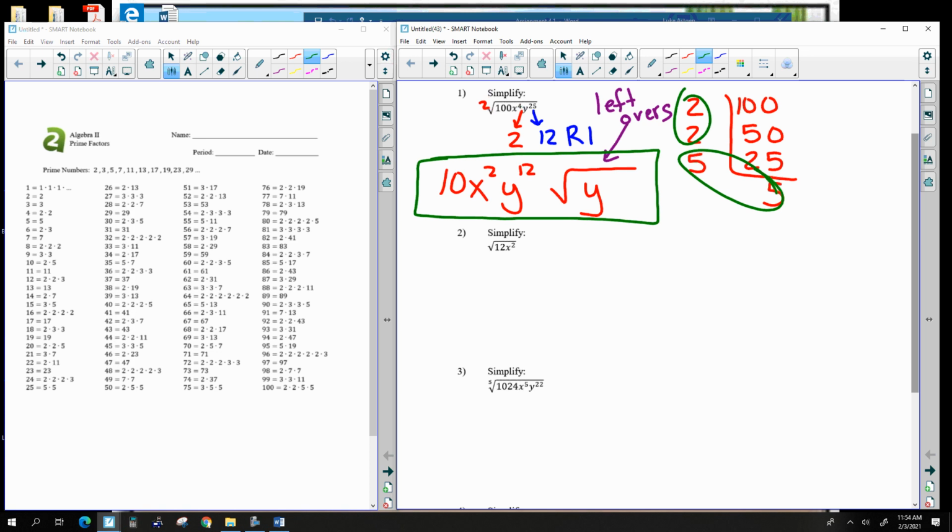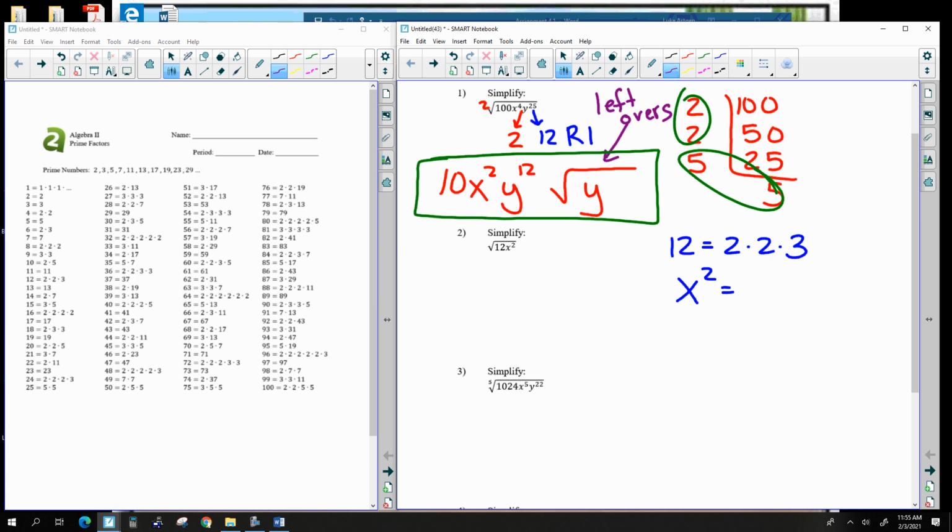Okay, let's take a look at number 2, and let's kind of get a method worked out. All right, so 12. Looking at my side paper, 12 is the same thing as saying 2 times 2 times 3. And then I have x squared also in this problem. All right, so what does that mean?